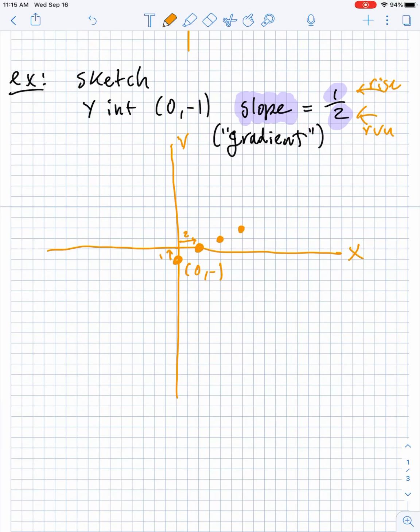You could, instead of going up 1 over 2, go back 2, down 1. But you guys see how these are all forming a line? Close enough. Just make the dots thicker. That's how you fix that. Another positive uphill slope. Well, that makes sense because we had a positive slope from the beginning. Cool. Beautiful sketch. Well done.